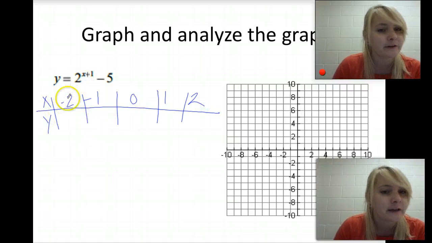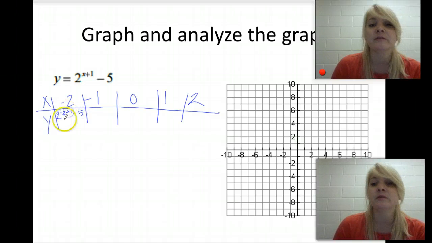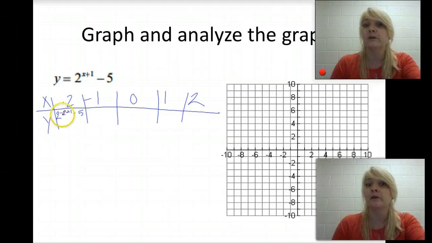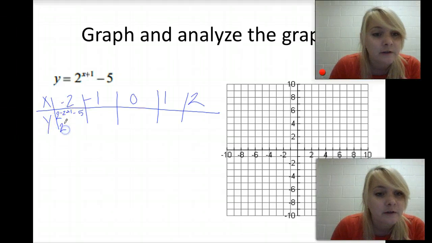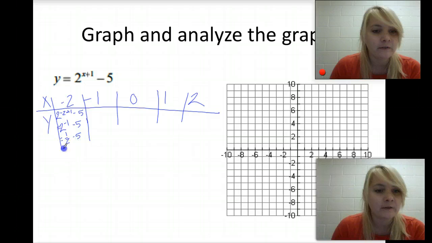So when we substitute -2 in for x, we get 2 to the power of -2 plus 1 minus 5. Keep in mind we have to operate on the exponents before we can move down. So we get 2 to the power of -1 minus 5. So that equals 1/2 minus 5, so that equals -4.5.